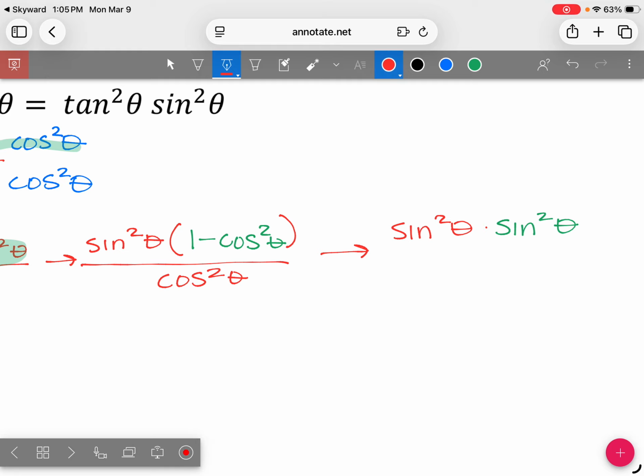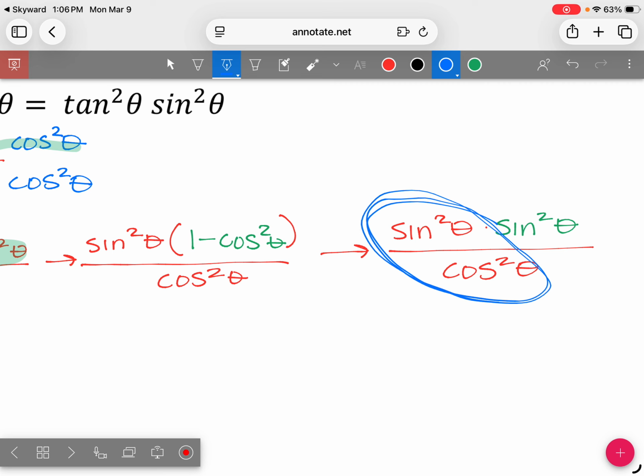And that's all over a cosine squared theta. Keep in mind that I'm trying to get to tangent times sine. This, what does this equal? Yeah, this is going to change to tangent squared. So I ended with what I was trying to get to, which is tangent squared times sine squared.